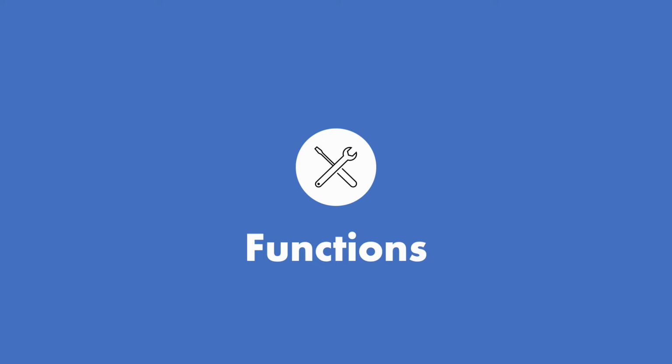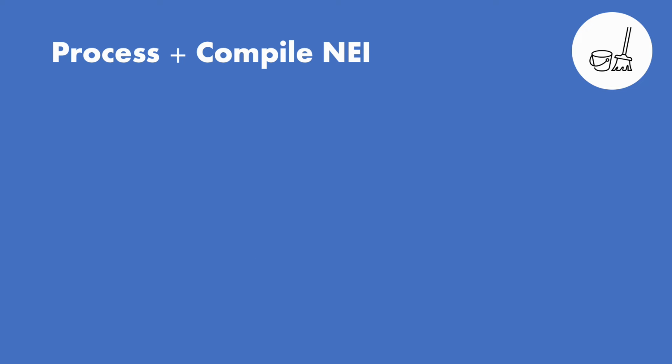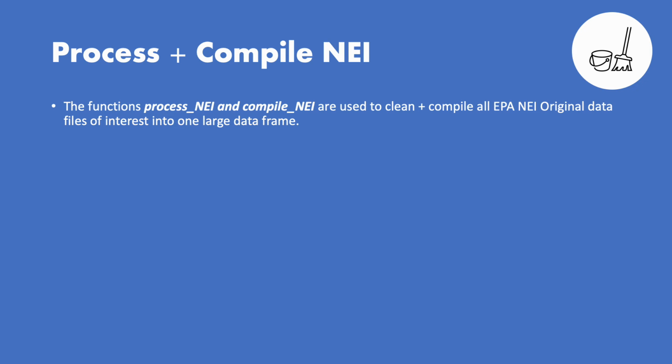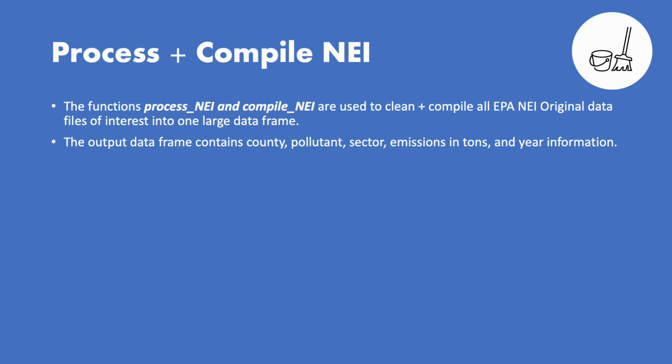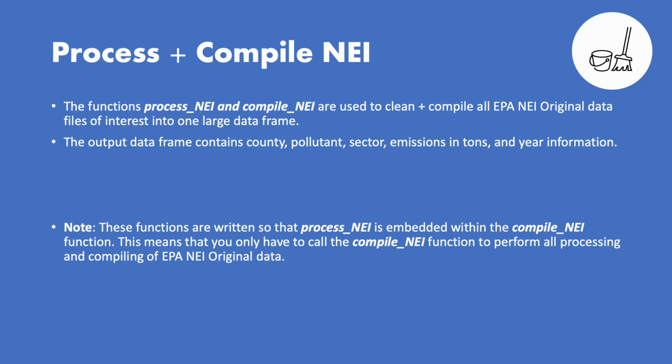Now onto all the functions contained in this package. First is the process and compile NEI functions. These are used to clean and compile all EPA NEI original data files of interest into one large data frame. The output data frame contains county, pollutant, sector, emissions, and year information.